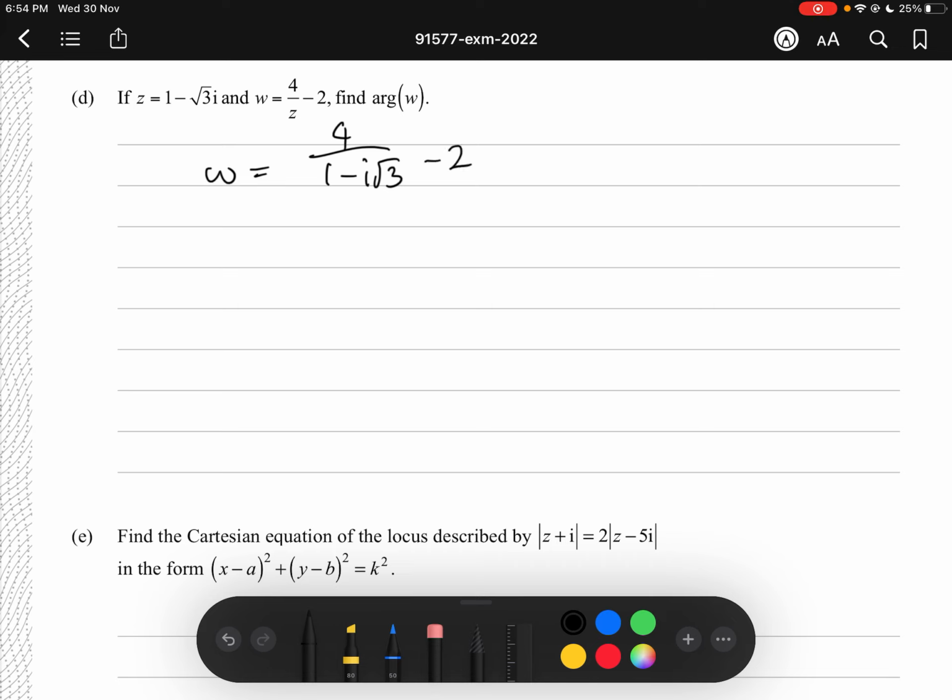So to evaluate 4 over 1 minus i root 3, we need to multiply by the conjugate. So we get w equals 4 over 1 minus i root 3, multiplied by 1 plus i root 3 over 1 plus i root 3.